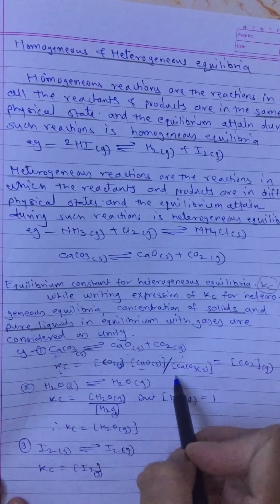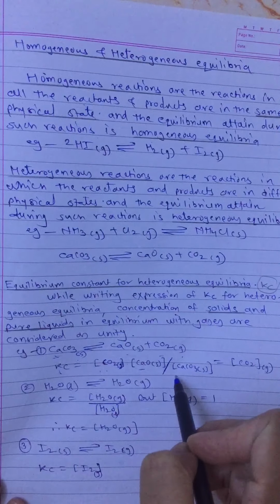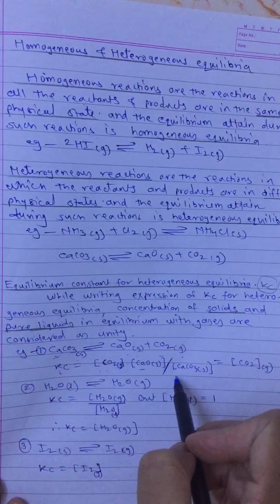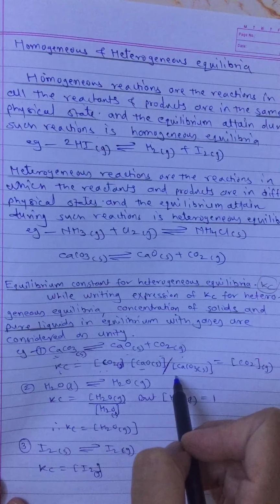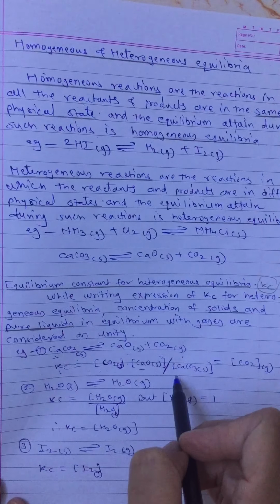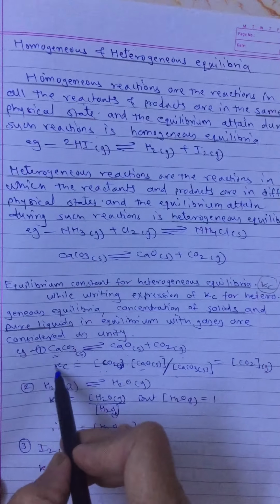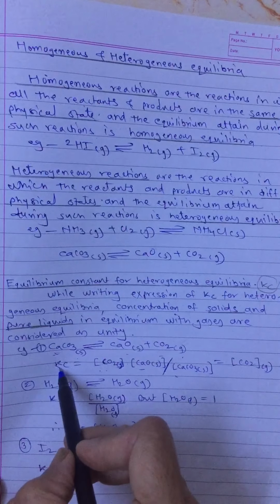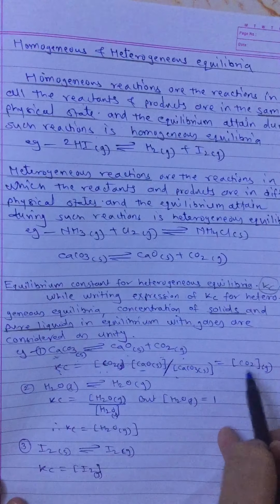This is the Kc expression. But concentrations of solids, moles per liter, will remain constant. They are not going to change, and therefore when you are writing the Kc expression, solid terms you are going to omit. So it will be simply concentration of CO2 gaseous.